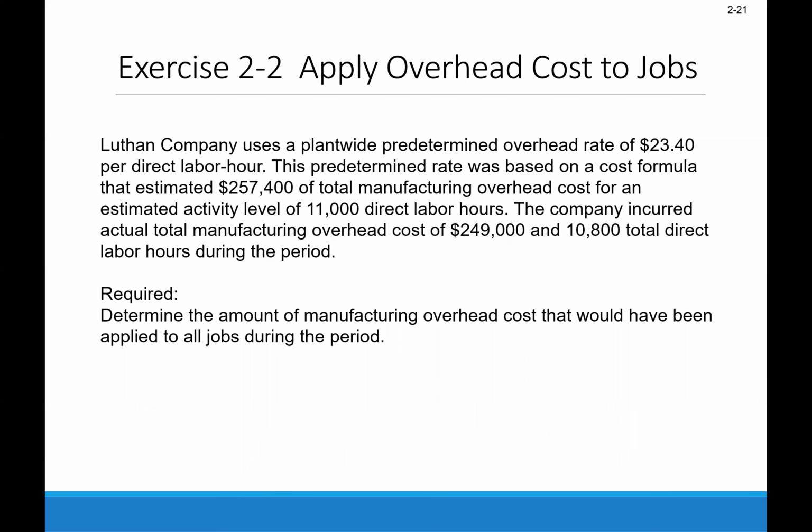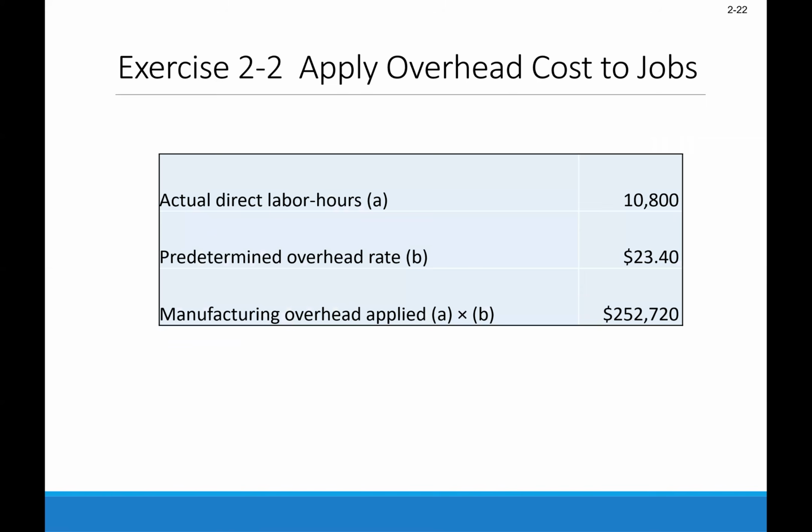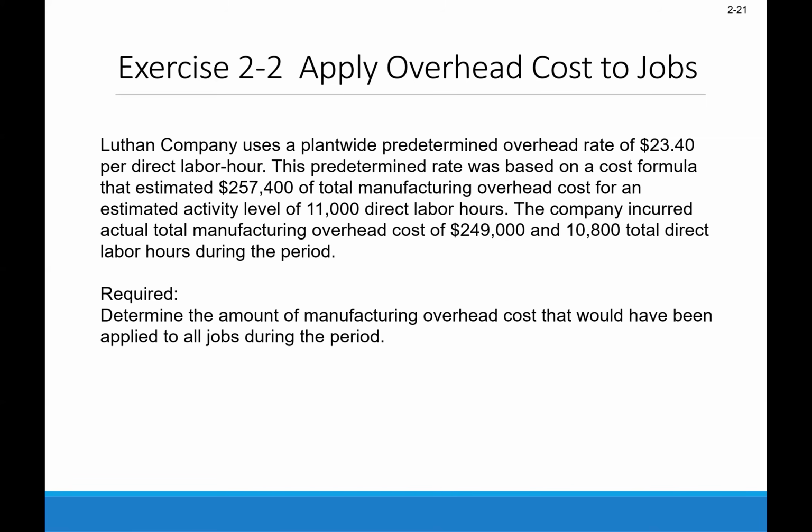The company incurred actual total manufacturing overhead cost of $249,000 and 10,800 total direct labor hours during the period. Determine the amount of manufacturing overhead costs that would have been applied to all jobs during the period. So what would have been applied to all jobs?